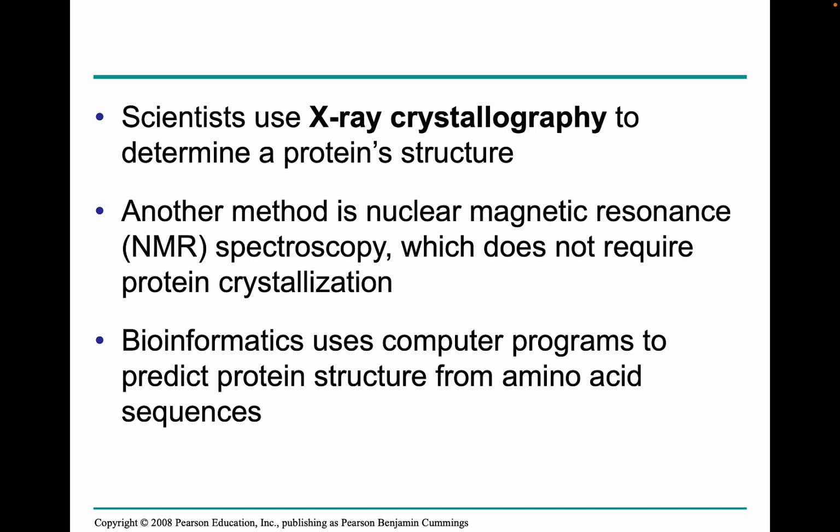Another method we use to determine the structure is nuclear magnetic resonance, or NMR spectroscopy. We do not have to crystallize the protein. It's a native conformation of the protein. There's a huge magnet, kind of like when you take an MRI.